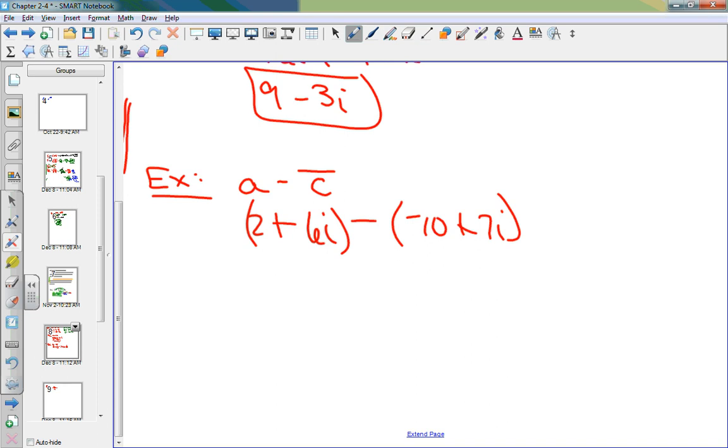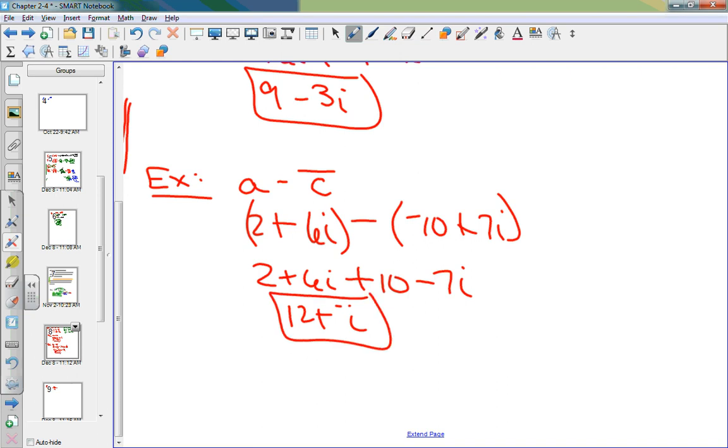Distribute the negative, so that's going to give me 2 plus 6i plus 10 minus 7i. So I'm going to add the real parts together. So 2 plus 10 gives me 12. And I add the imaginary parts together to give me -i. I don't care if you put plus or minus. Does that work?